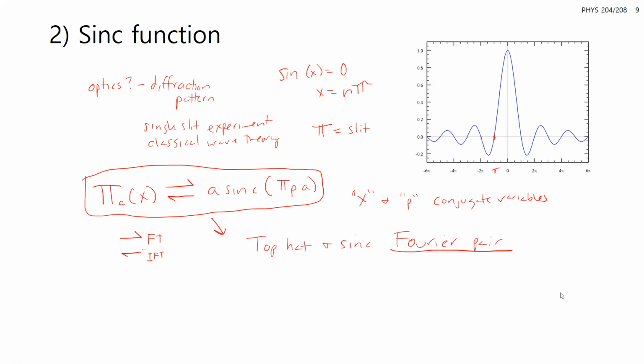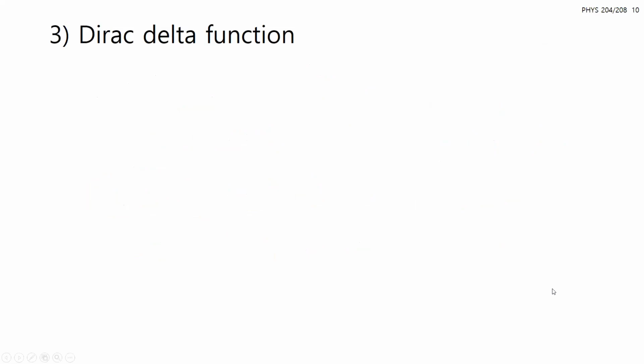The next useful function to know is the Dirac delta function, which isn't in the lab, isn't real, but it's an ideal function. It's an ideal point, pretty much.